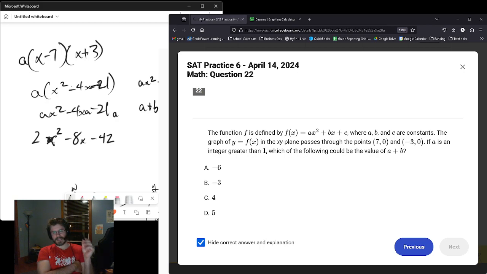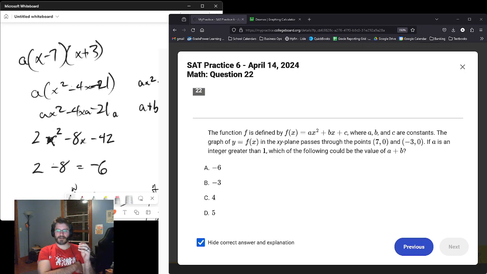So if a is a positive value and I'm adding to that a bigger negative, then it's going to have to be a negative number, and I picked the extreme because it was big enough that I figured it would work. So plugging in the smallest integer possible, and it's only going to get bigger from here, we end up getting negative 6. 2 is the a value, so 2 plus b being negative 8, 2 minus 8 is negative 6. And that is indeed a possible value.